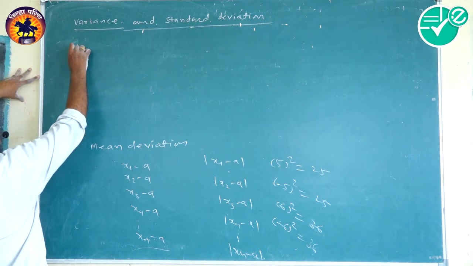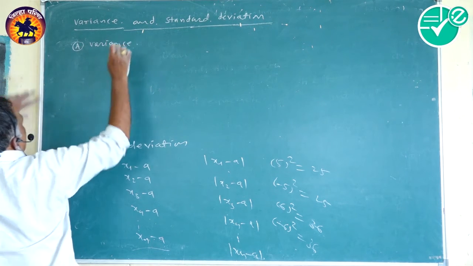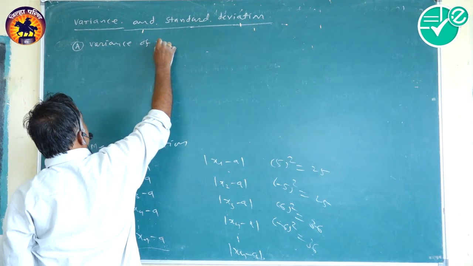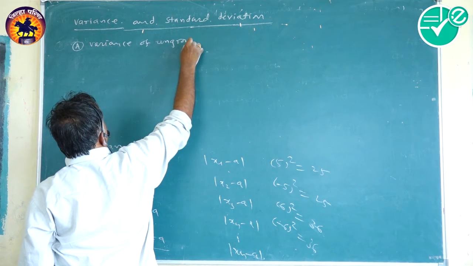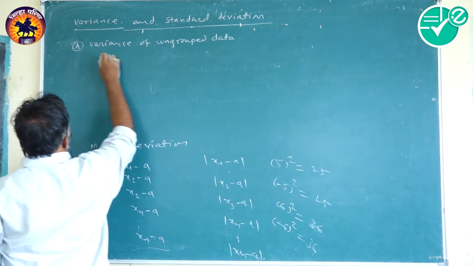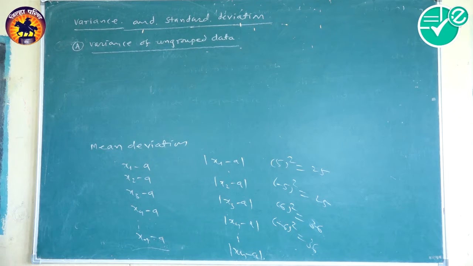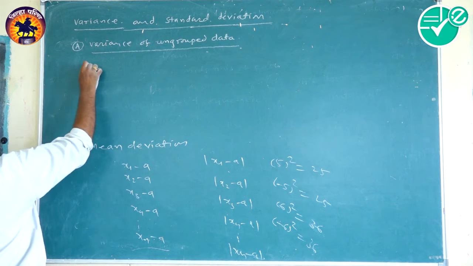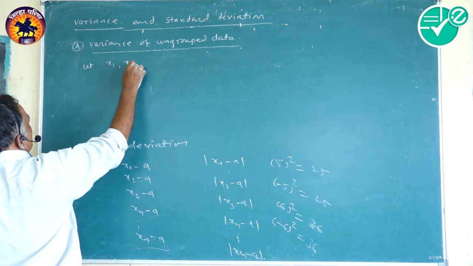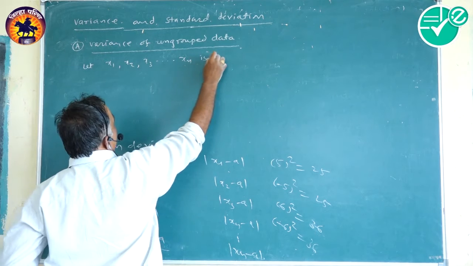So very first we are going to consider the variance of ungrouped data. Let x1, x2, x3, dot dot up to xn be the given data.